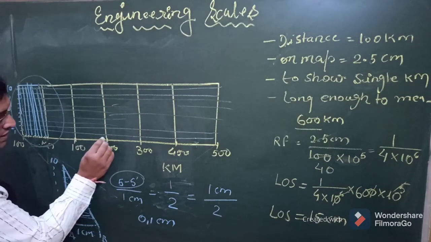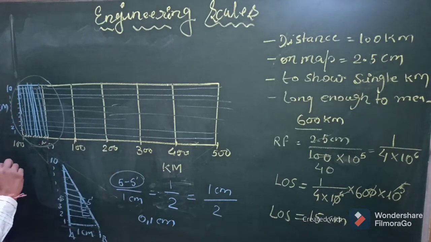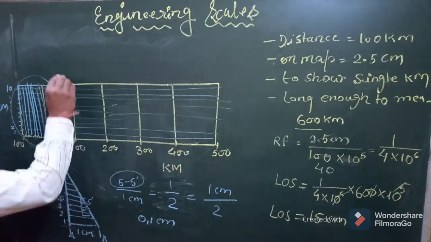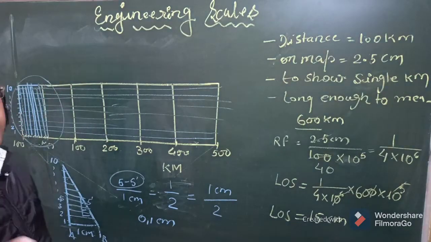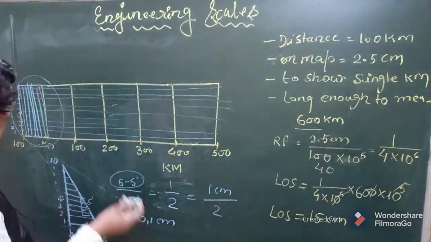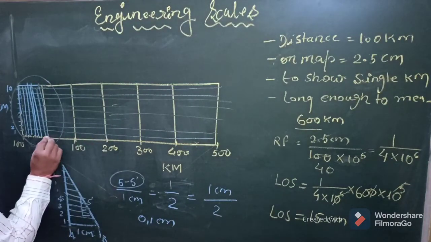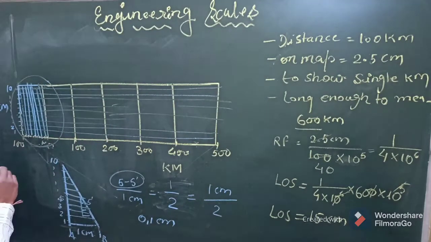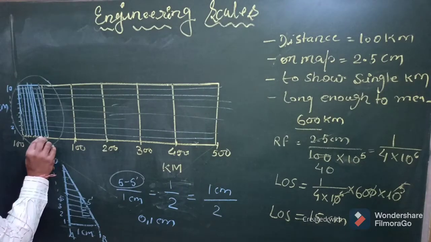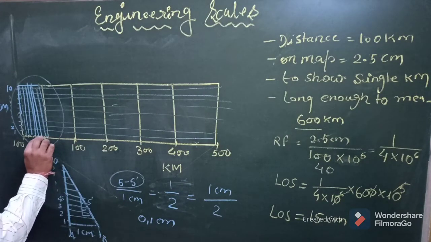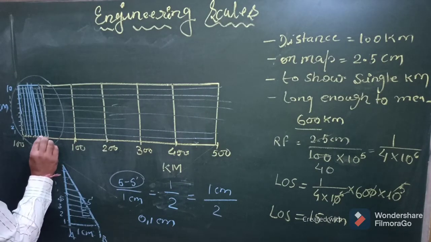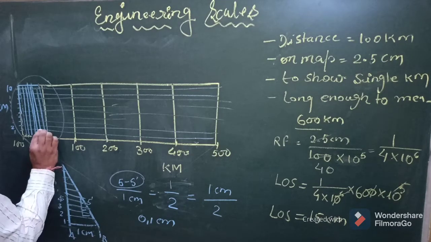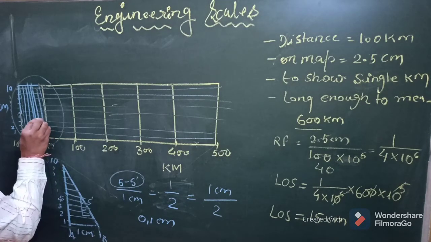From 0 to 200, this one up to here, because 223 means 200 plus 20 plus 3, so 200 this side, 20 this side, so second point we will get. So this is 220. Now for 3 we will move on this line 1, 2 and 3.